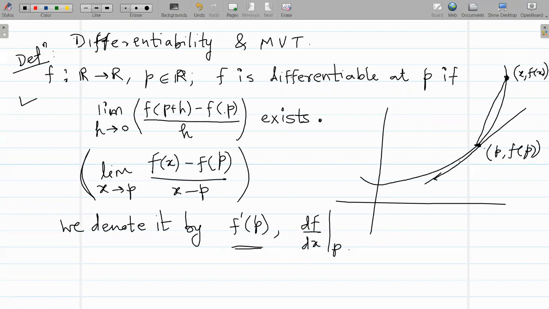Now, immediate consequences I would like to write. What should be the first thing? The relationship between differentiability and continuity. Can somebody quickly tell me the relationship between differentiability and continuity?